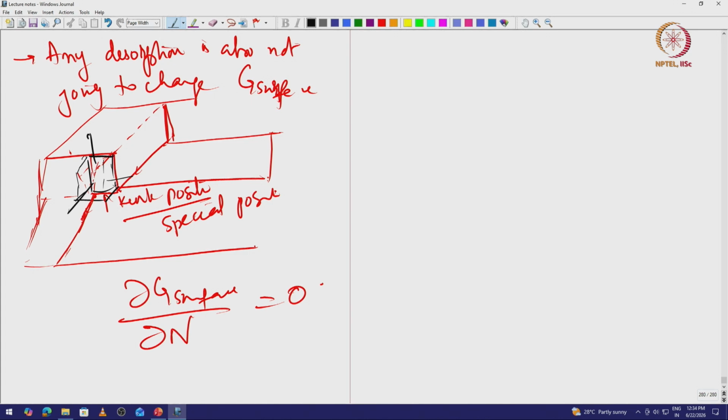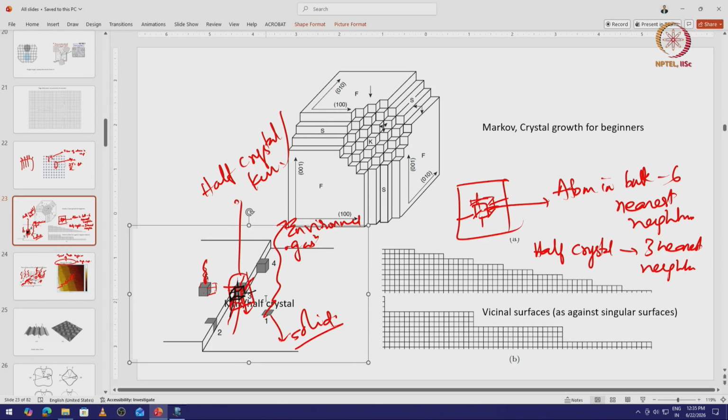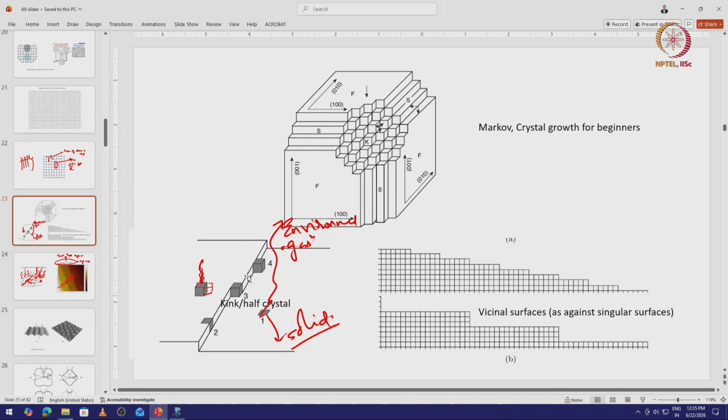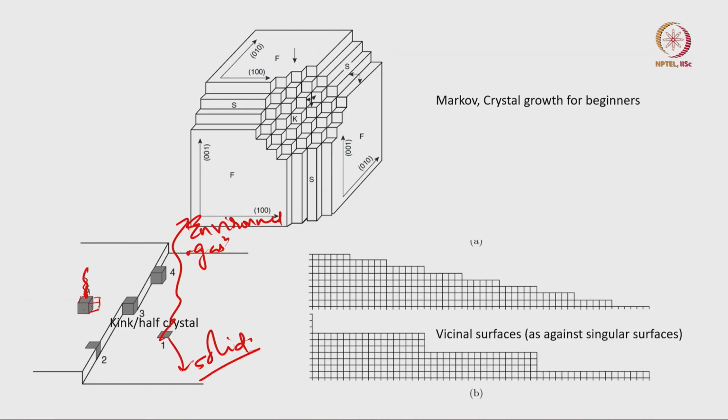So, I can start adding more and more atoms to these kink positions or delete more and more atoms from the kink positions. Adsorption and desorption can happen from the kink positions. Okay. So, atoms can just come and sit here, more atoms can come sit here, sit here, sit here, until this line is finished, right, and then they will catch another kink somewhere else, and so atoms can just flow and so on and so forth.